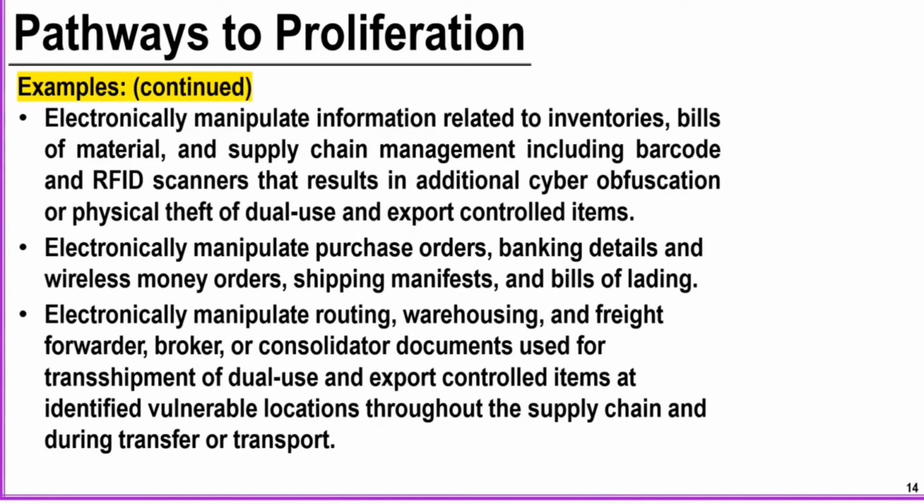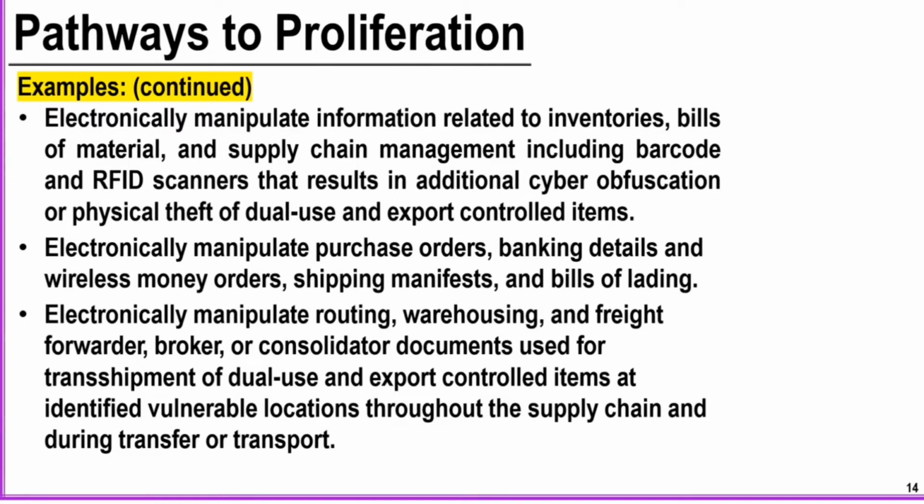Because of the advancement in remote data management and communication technologies, proliferators can manipulate routing, warehousing, and freight forwarder, broker, or consolidator documents used for transshipment of dual use and export control items at identified vulnerable locations throughout the biological supply chains and during transfer or transport.